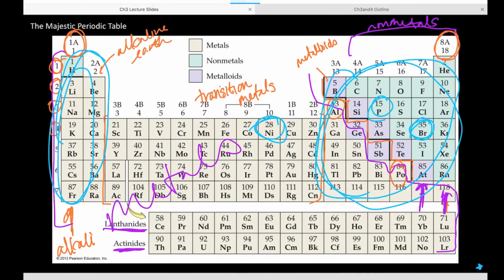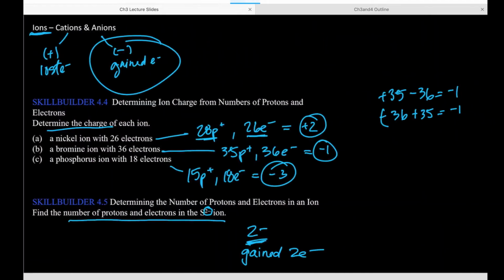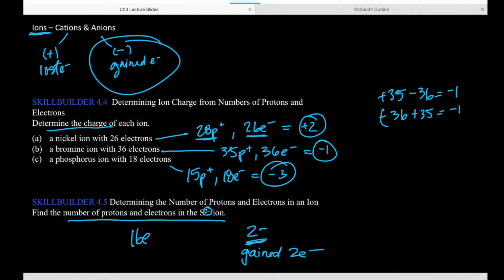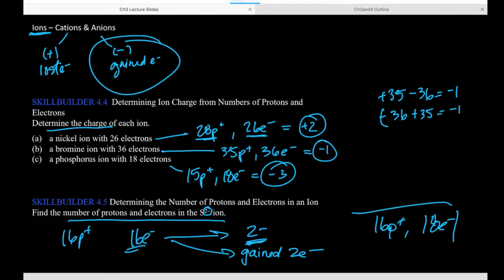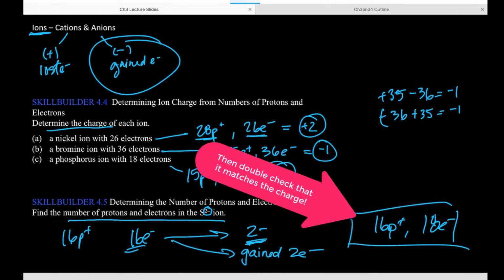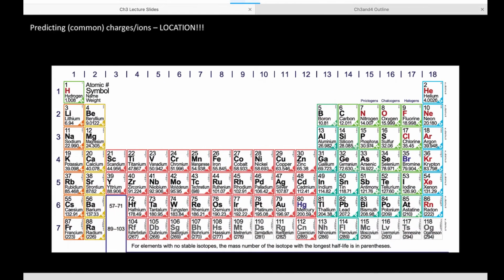So if we go find sulfur, sulfur has 16 electrons to begin. If it has 16 electrons, it has 16 protons definitely. It started with 16 electrons, but to get to a 2 minus, it would have to have gained 2 electrons. So it means that we have 18 electrons, 16 protons, and if we look at those numbers, do they make sense with the 2 minus charge? Absolutely.